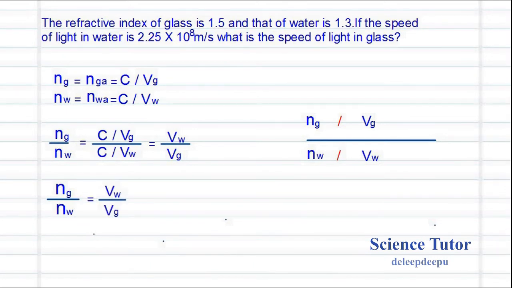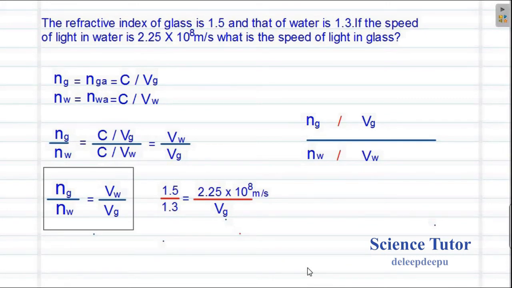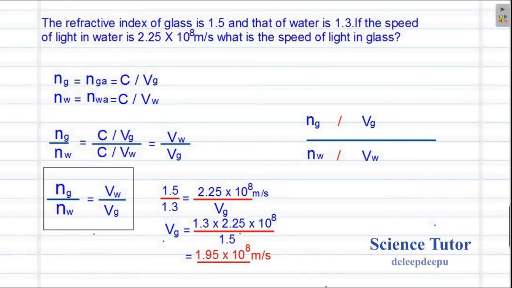We can now use this equation Ng divided by Nw is equal to Vw divided by Vg. If we substitute all these values, we can easily find out the value of velocity of light in glass, that is equal to 1.95 into 10 to the power of 8 meters per second.